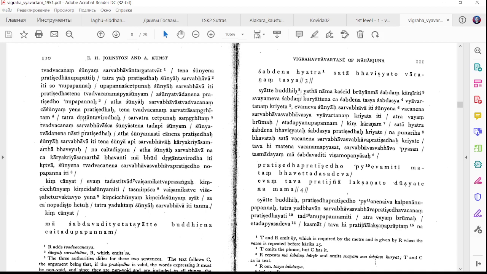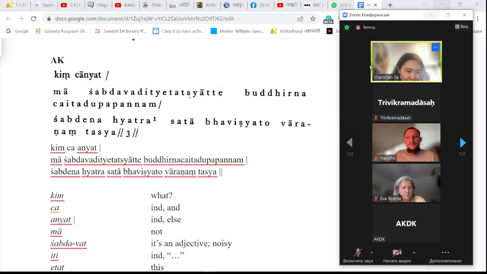Indeed, somehow this verse is repeated there, which has the hi. Shabdena hi atra sadā bhaviṣyad varṇam tasyeti. So indeed, there's also this one. This is clear evidence that the reading was not good, and instead we should read the hi. And there is another piece of evidence which he did not mention, but we will see it in the prose, because as you know, this is a kind of auto-commentary.